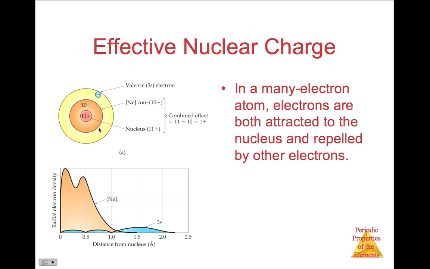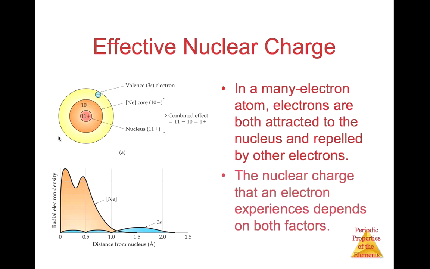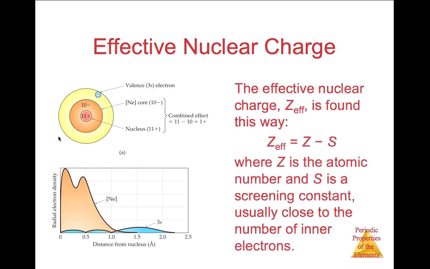Sometimes there are electrons in the way. The nuclear charge that an electron experiences depends on both factors, whether they're repelled by electrons and whether they're attracted by various protons. The effective nuclear charge is symbolized by the letter Z with a little EFF.